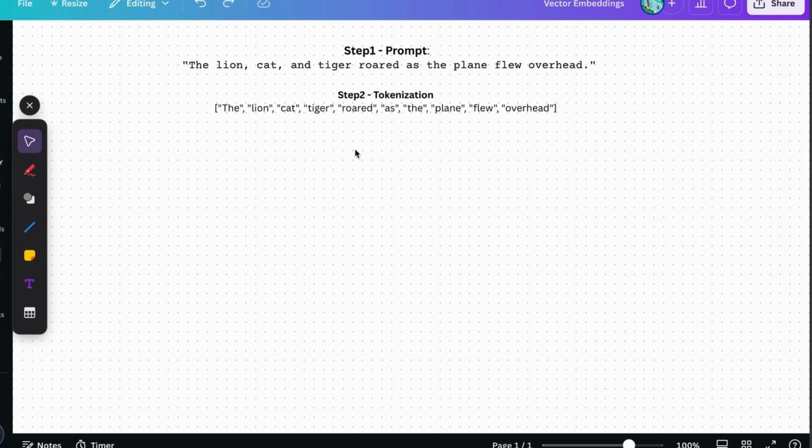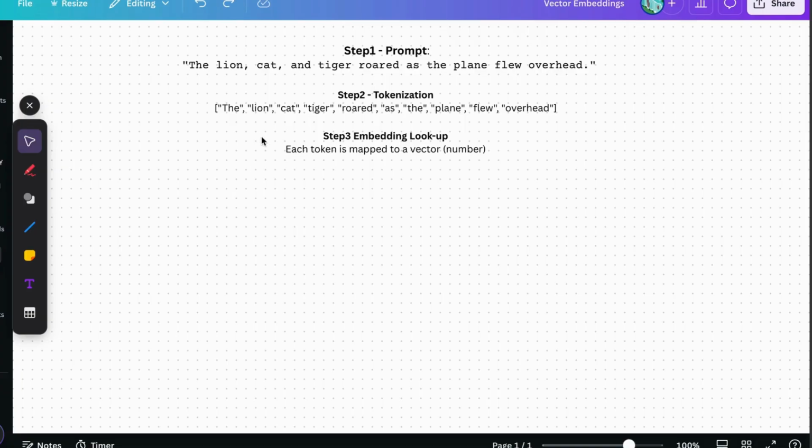Step 2, we learned about tokenization, how these sentences will be divided into different words or tokens. Once tokenization is done, the next step is an embedding lookup. So all these words, the, lion, cat, tiger, are given some vector embedding.